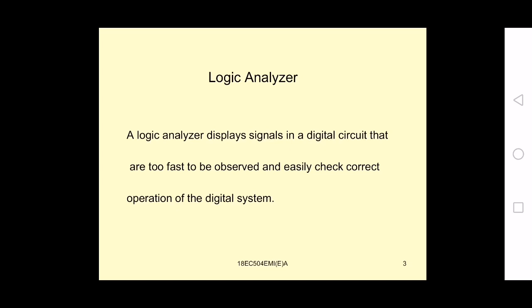So the logic analyzer displays the signals in digital circuits that are too fast to be observed, and lets us easily check correct operation of digital systems. Its appearance is similar to a CRO, but it looks into the activity of communicating links in the digital system known as interface buses.